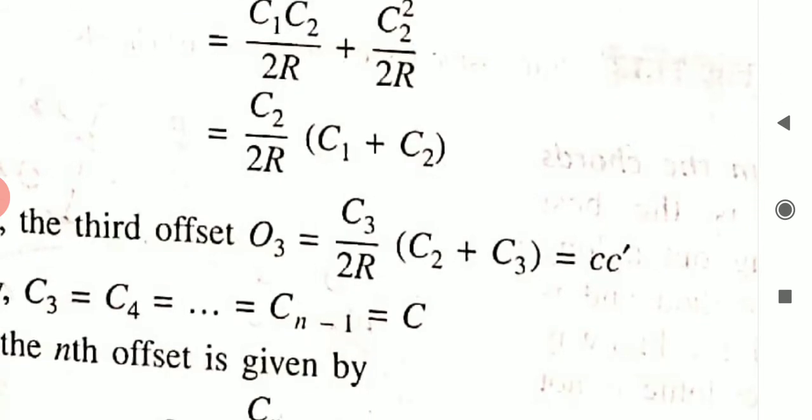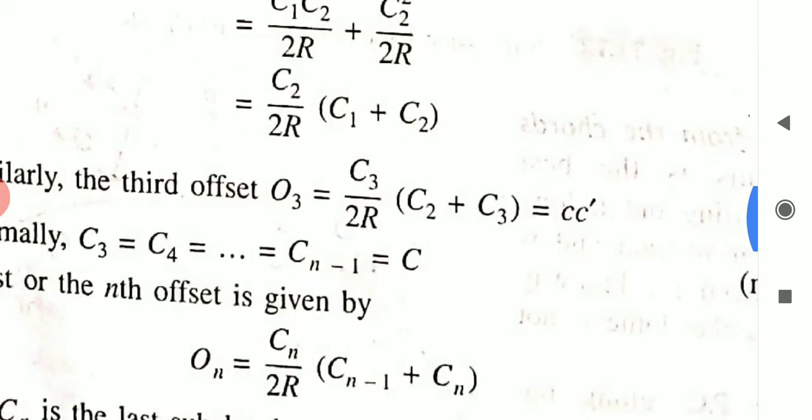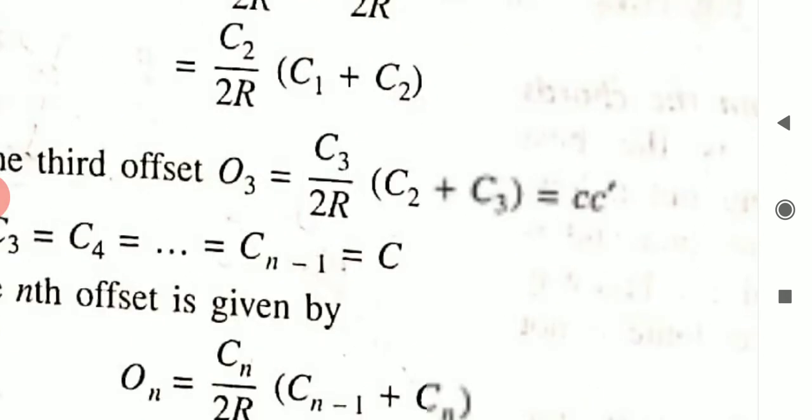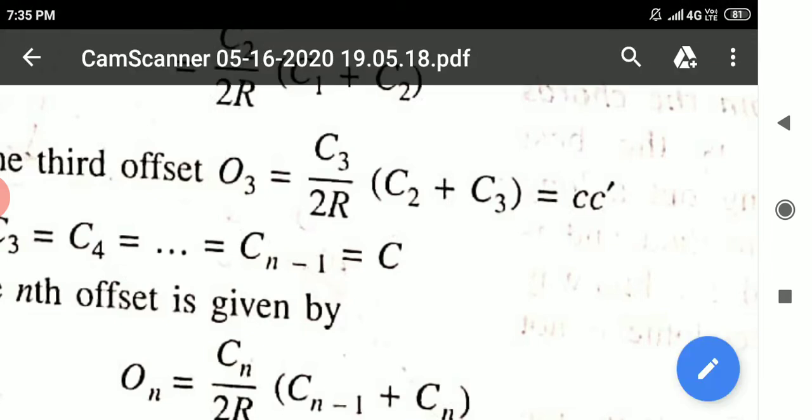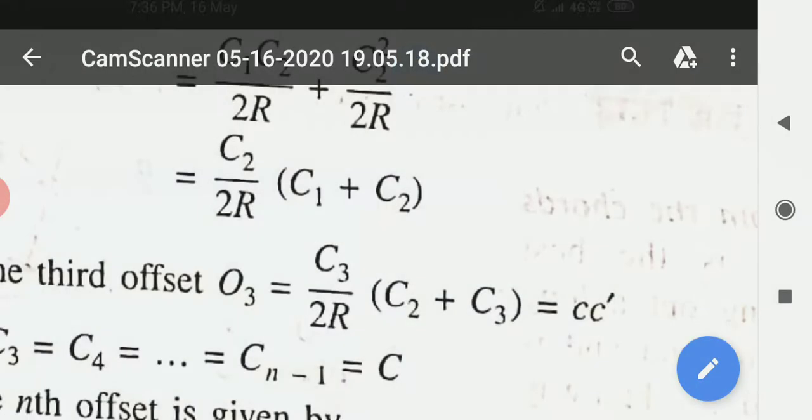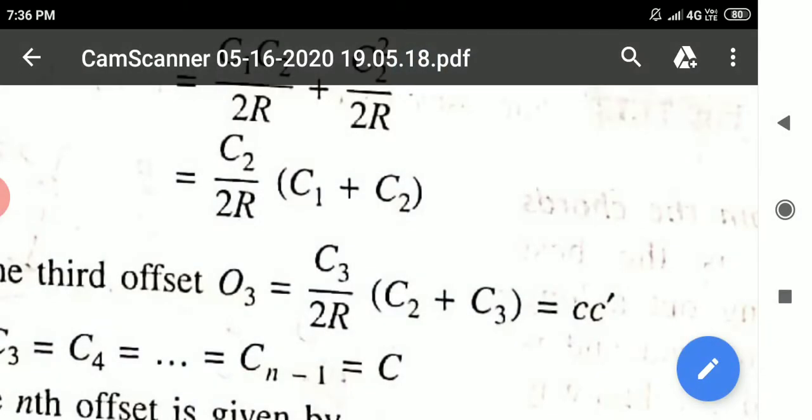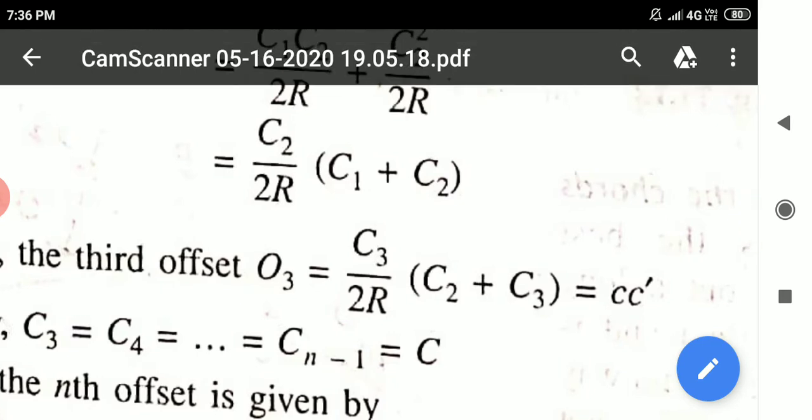Next, the third equation is O3. Only the curves change, the expression is the same. In O2 we got O2 equals C2 divided by 2R into C1 plus C2.